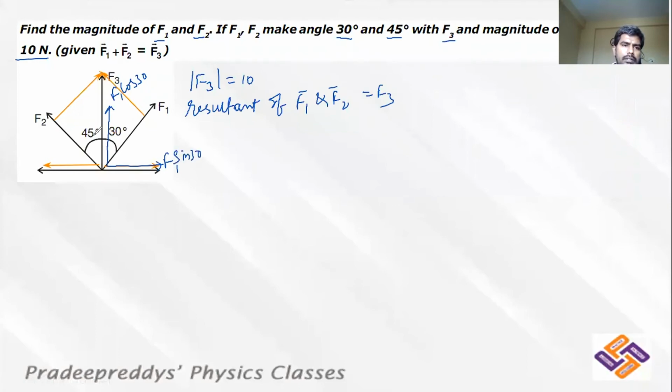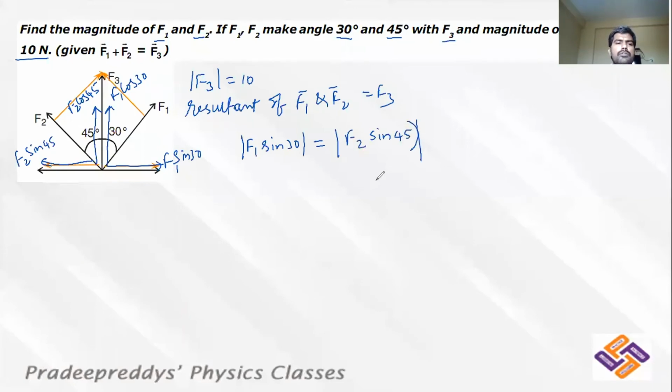Similarly, this is the vertical component, F2 cos 45, and this side it is F2 sin 45. Now whenever you get this type of situation, you need to remember that the magnitude of F1 sin 30 is equal to the magnitude of F2 sin 45.